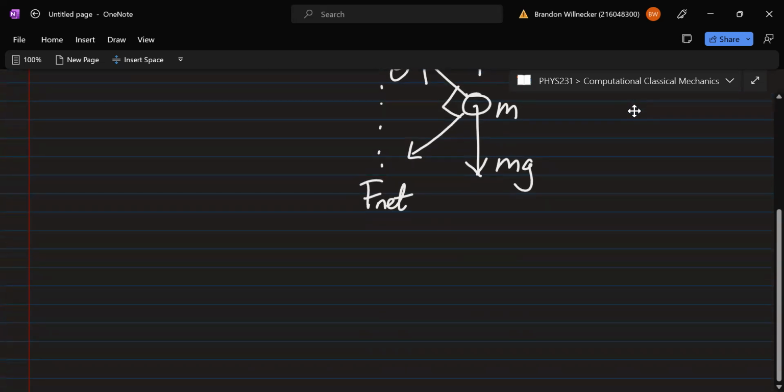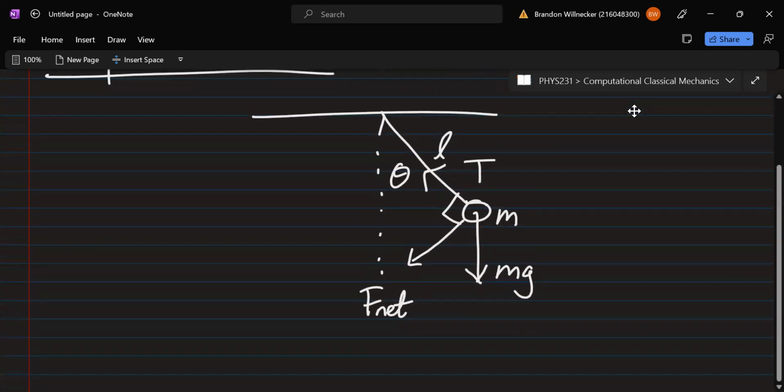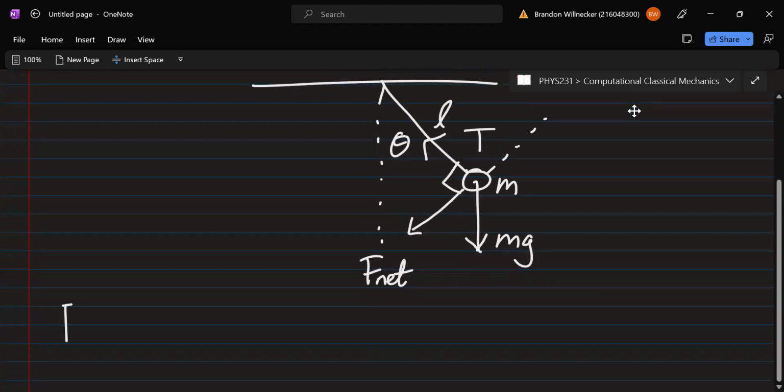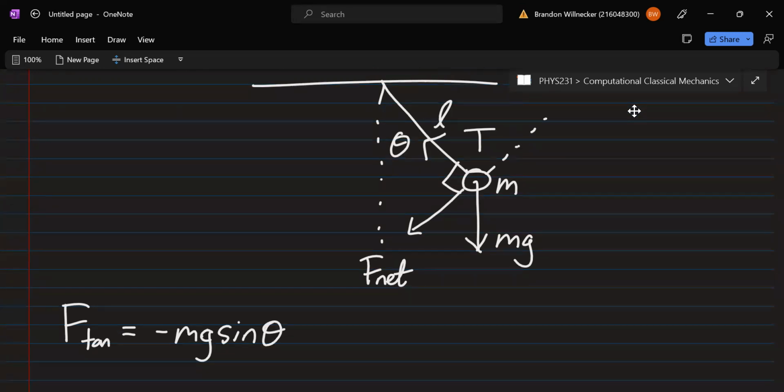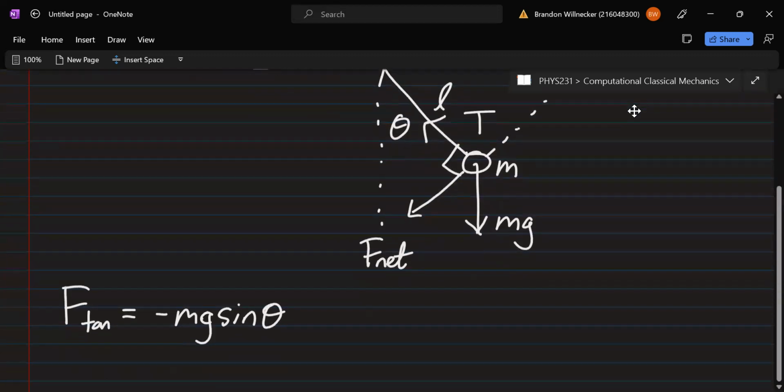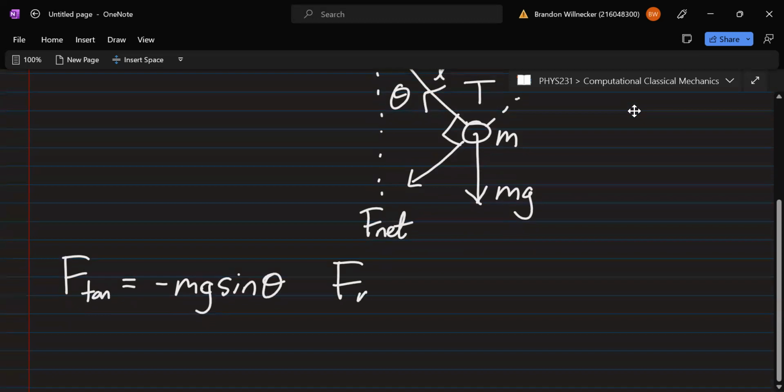But we have that the tangential force, so this force here going tangent with the F net, that's going to be F tan is going to be minus mg sine theta. Okay, so that's the tangential one. And then the radial one, that's in line with the tension there. That's going to be F radial is equal to mg cos theta.